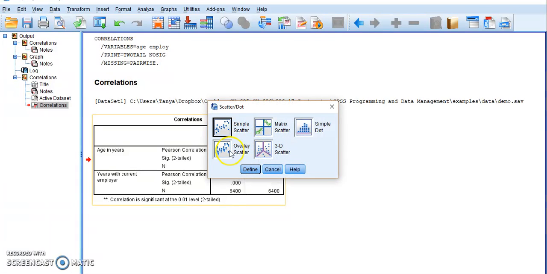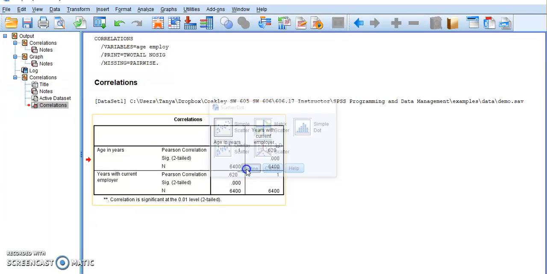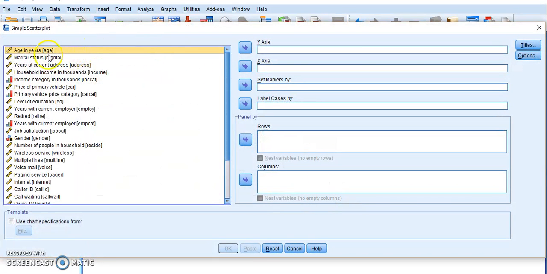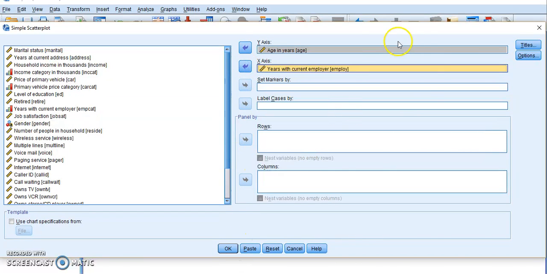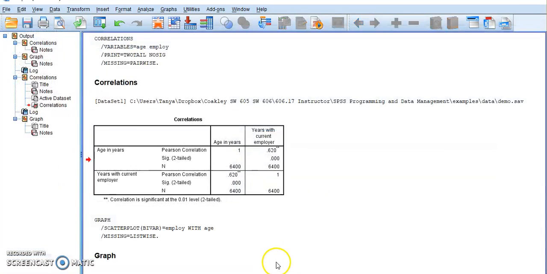From there, click OK and then go to Simple Scatter. There are a number of other things you can do, but we'll just do Simple Scatter. Define, and then move your two variables here: age and years with current employer. All you have to do is click OK.